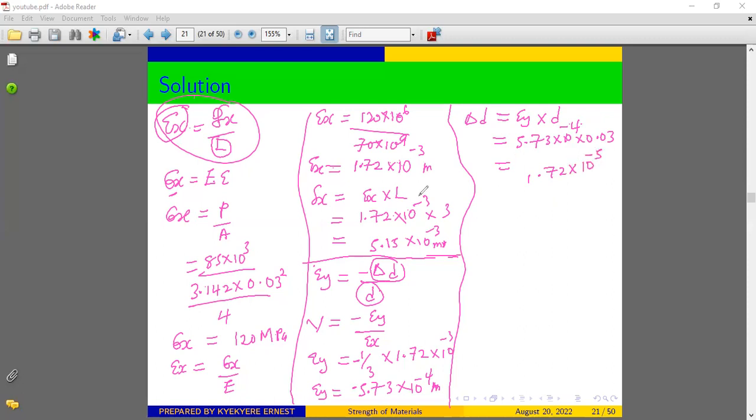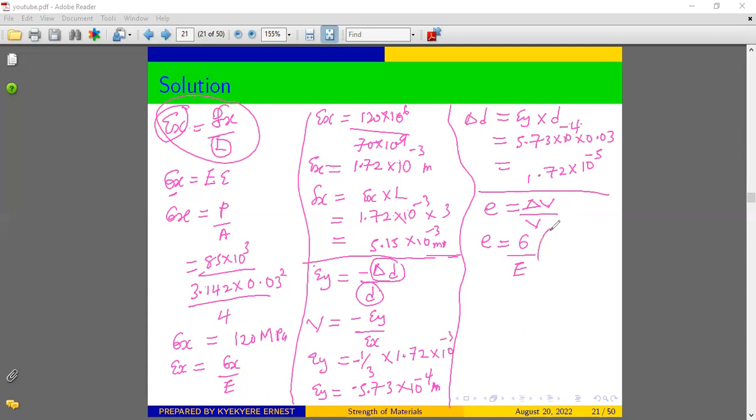And the next part of the question, we're asked to calculate the change in volume. We know that the volumetric strain is equal to the change in volume over the original volume. This formula can also be expressed as the volumetric strain being equal to the stress over the modulus of elasticity.